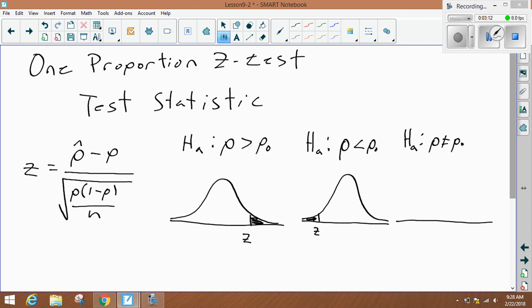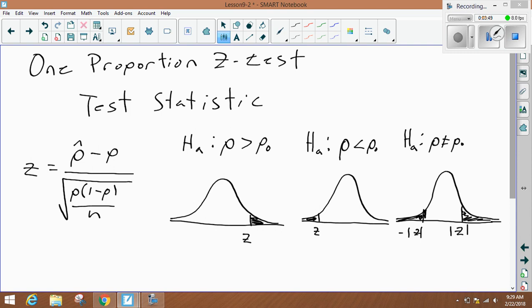In which case, if the value is less than, or if it's greater than, we're going to have to look at both of those probabilities. So there we go. Those are our different outcomes.